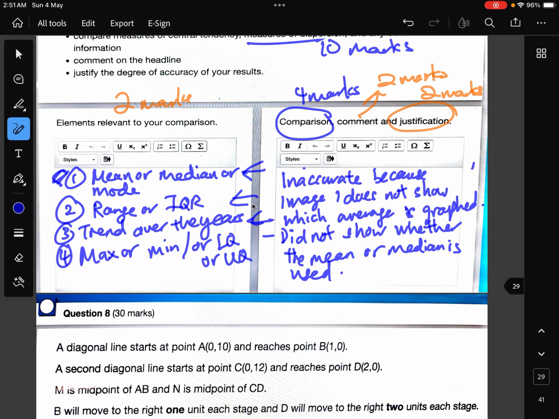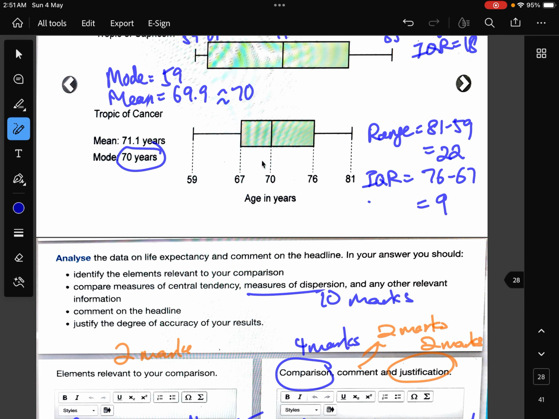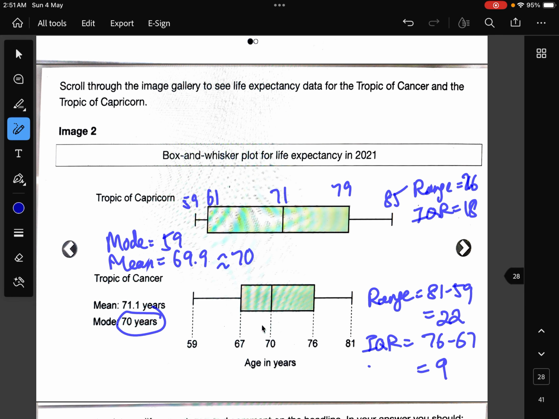You could basically say that the life expectancies data, if you look at some of the data here, like for the mean, is given up to 1 decimal place.